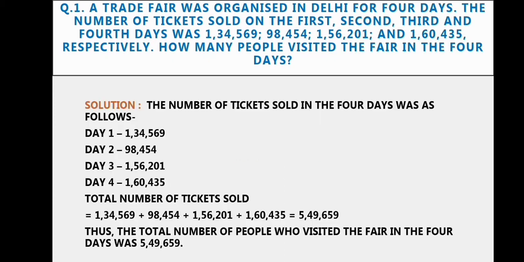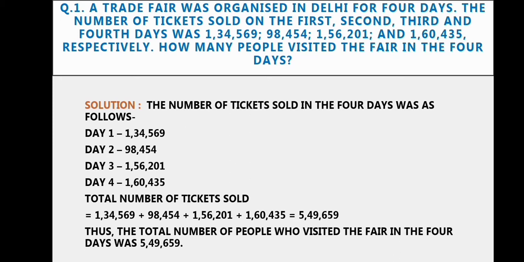So let's see the solution. The number of tickets sold in the 4 days was as follows. Day 1, 1,34,569. Day 2, 98,454. Day 3, 1,56,201. Day 4, 1,60,435.